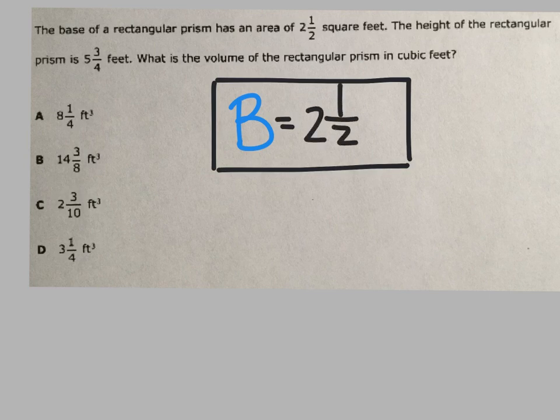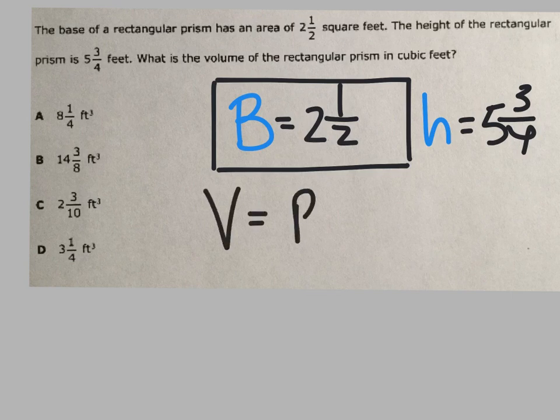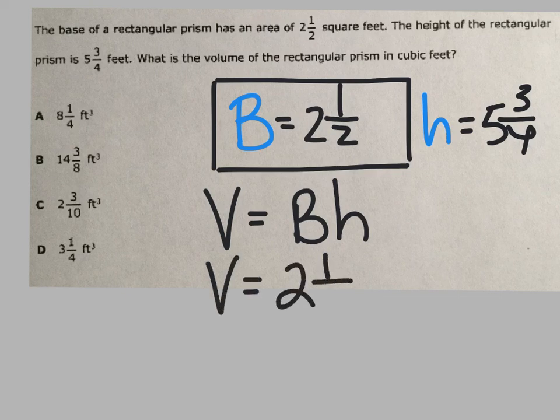The height of this prism is equal to 5 3/4 feet. What is the volume? Well, if we remember that the volume is big B times H. So the volume is 2.5 times 5 3/4.